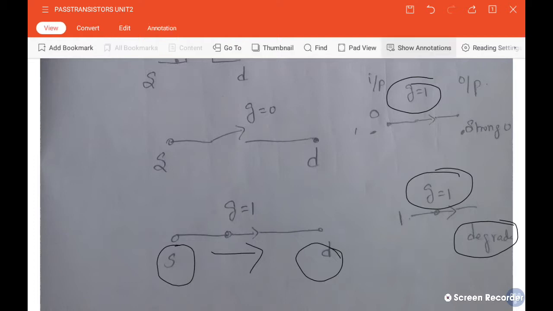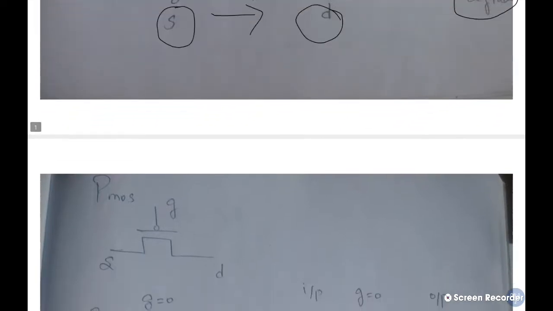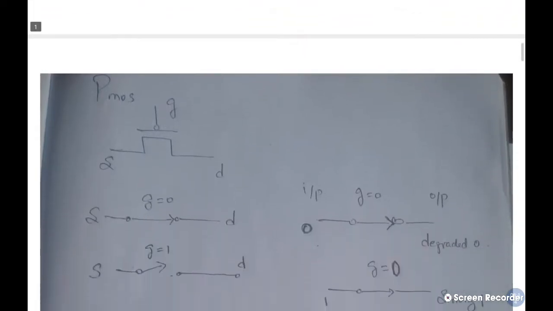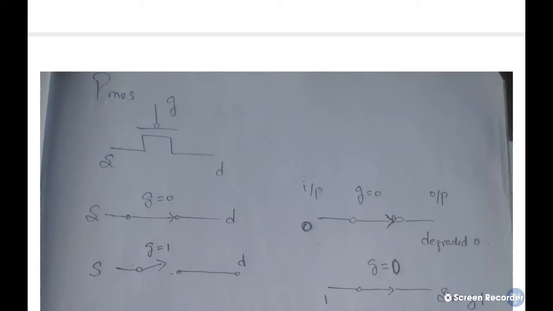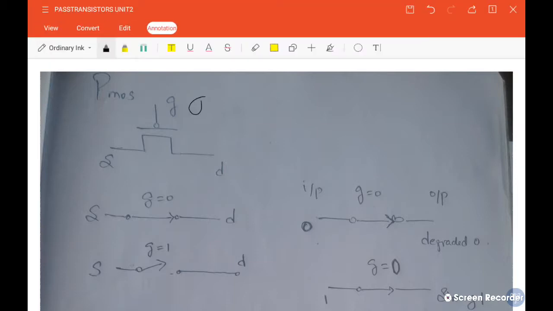Similarly, now we'll look into the next MOS, that is the PMOS. We know the switching condition of PMOS. A PMOS turns on when the gate signal is 0. When gate is provided with 0, we say the PMOS is on.